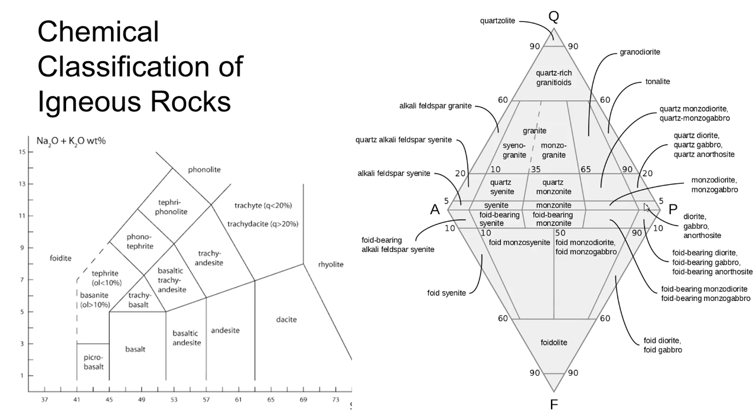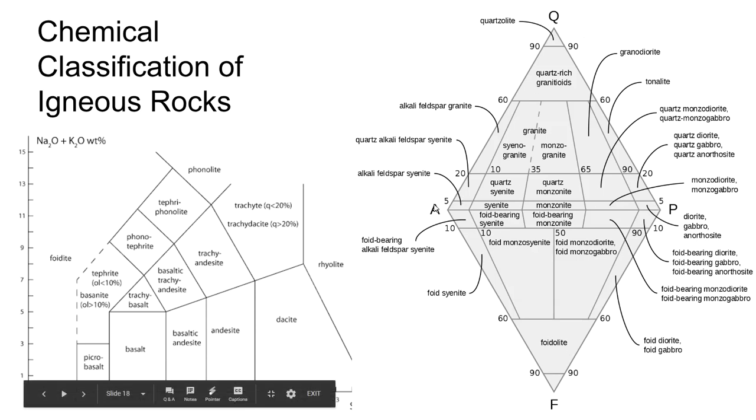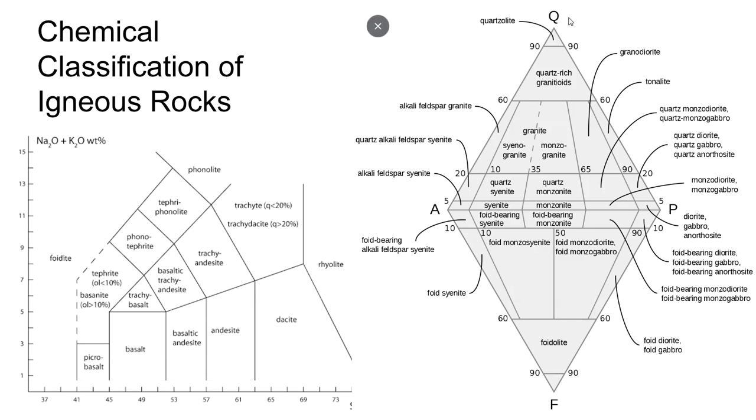This is what we call a double ternary diagram. And so, 100% alkali feldspar is down here. 100% quartz is up here. We can actually call that a quartzolite. And then 100% plagioclase feldspar will be over here. Likewise, if it doesn't have much quartz or no quartz in it, it might be a foidolite.